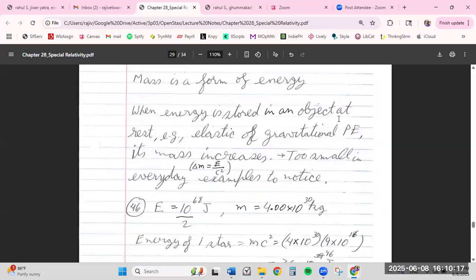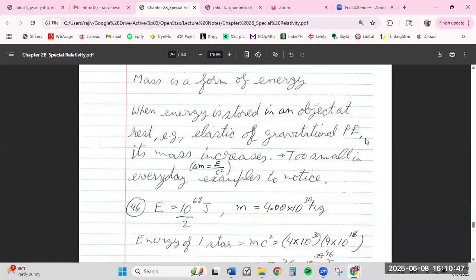When energy is stored in an object at rest, for example, elastic or gravitational potential energy, remember, in order to have gravitational potential energy, the object doesn't have to be moving, it just needs to be at a certain height. Similarly, elastic potential energy is the energy associated with, for example, a stretched spring. So in both cases, you don't need motion.